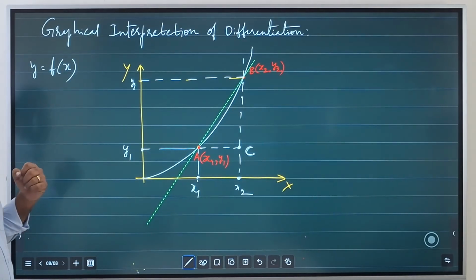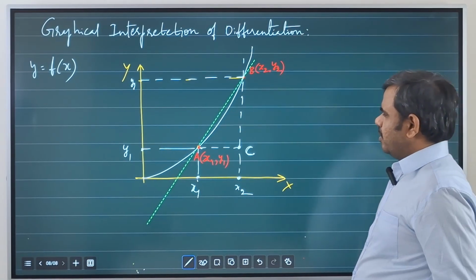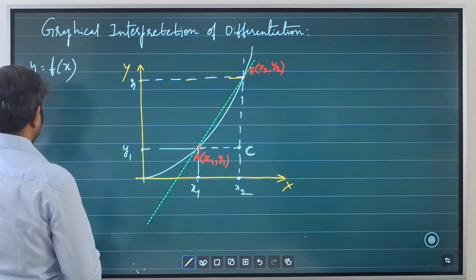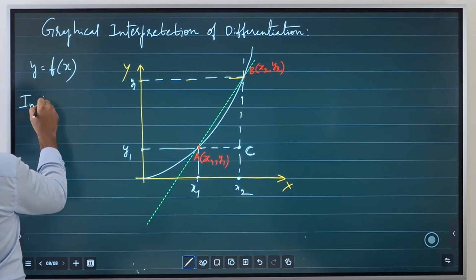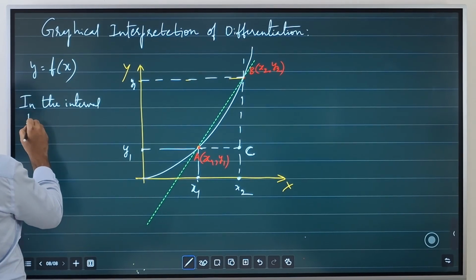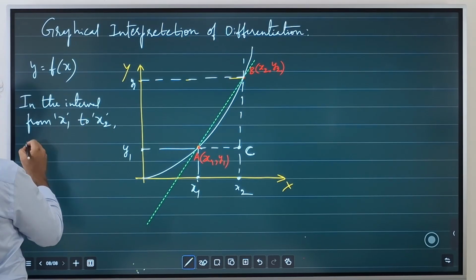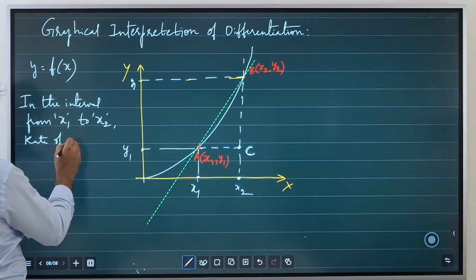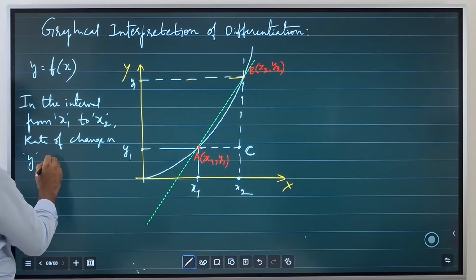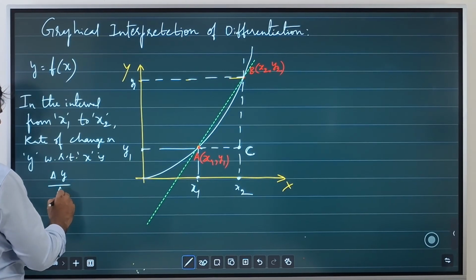Now, in the interval from x1 to x2, that is in the interval from A to B, what is the rate of change in y with respect to x? In the interval from x1 to x2, we know the rate of change in y with respect to x is delta y by delta x.